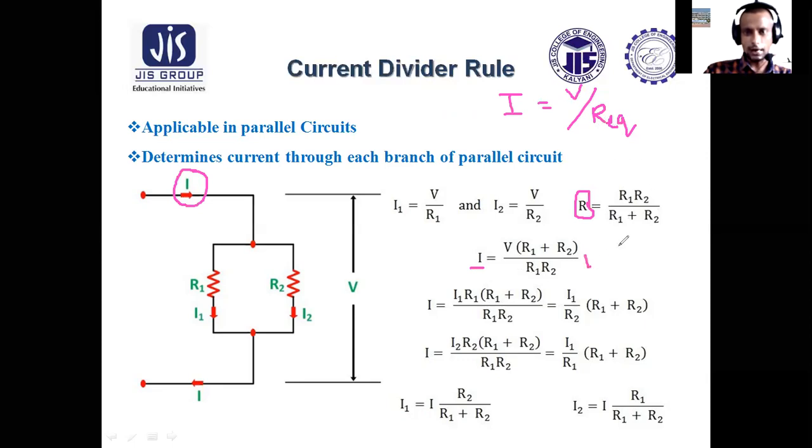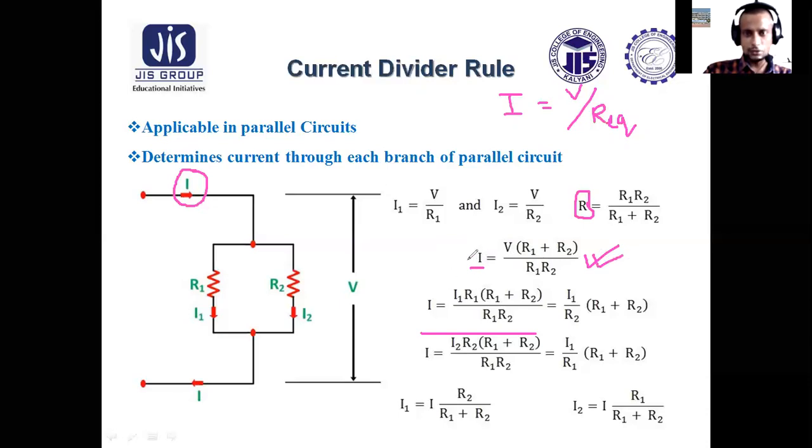So I equals V into R1 plus R2 by R1 R2. This is known to us now.